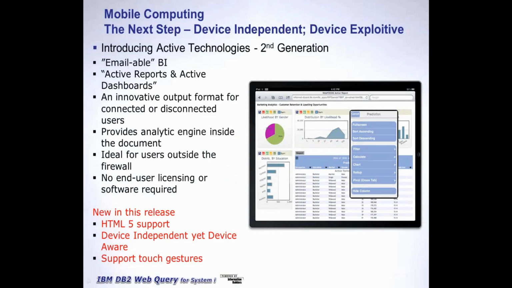So one of the big things is this capability of what we call device independence, or device exploitive. Active technology, second generation, is where we're at. What we're saying is our reports, especially in the type of dashboards Gene created for you with InfoAssist using active technologies, know what type of device they're on and work slightly differently based on the device, and the browser.